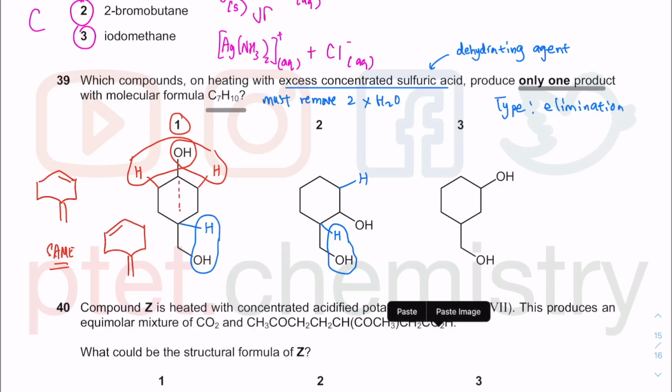So what I'm going to get is, I will get this other hydrogen on the other side, which means I'll get double bond at the bottom there, and I'll get a double bond there, and there is no other product because this thing has to go with this. If this one has no choice on this hydrogen, I have to go with this. There's only one product that will be formed that has these 2 alkene, C7H10 there.